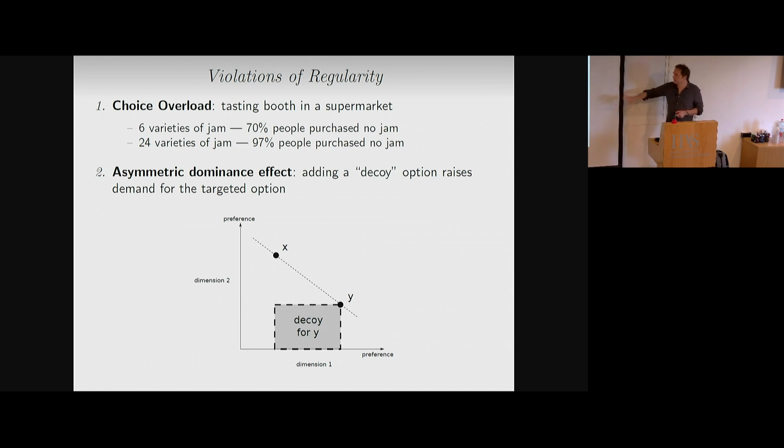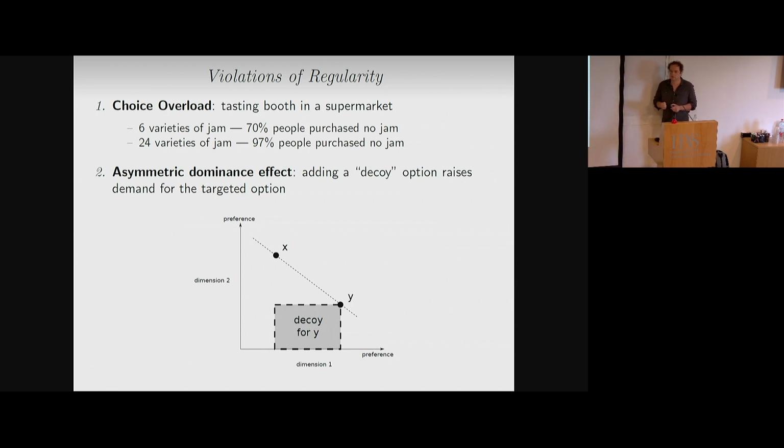Another thing that's not allowed by random utility is another classic behavioral marketing experiment, asymmetric dominance or the decoy effect. So you have these two options, x and y. They live on some dimensions, they have some attributes to them, and you like both of these attributes. If you add a third option that is dominated by y, it makes y look more attractive, and the probability of y goes up.